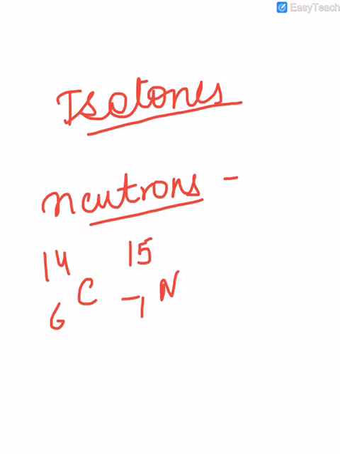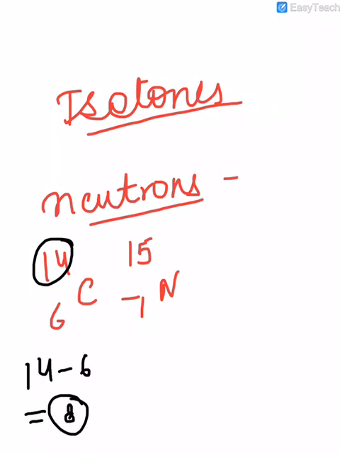If I calculate the number of neutrons in carbon, here the number of protons is 6, right, and the mass number is 14. So the number of neutrons will be 14 minus 6, that's 8.